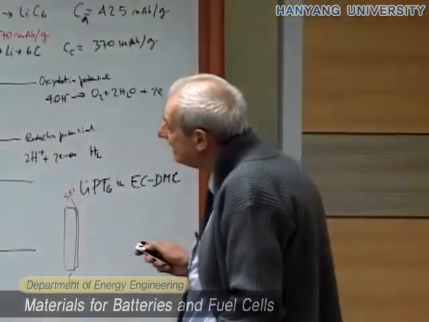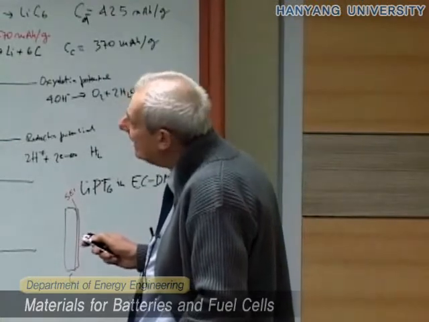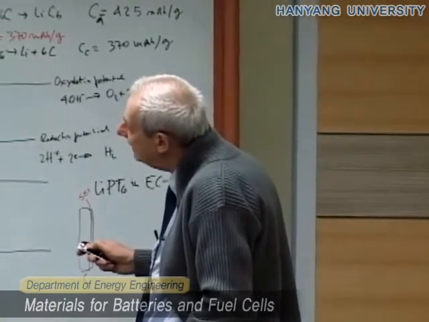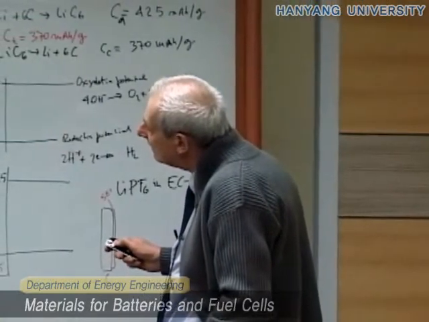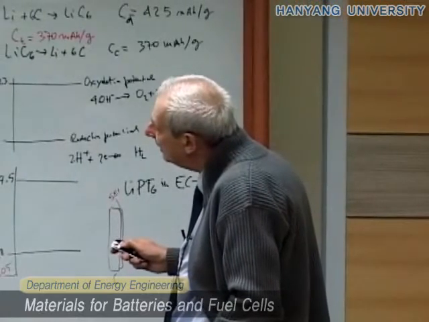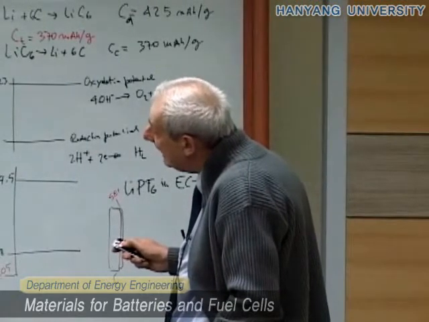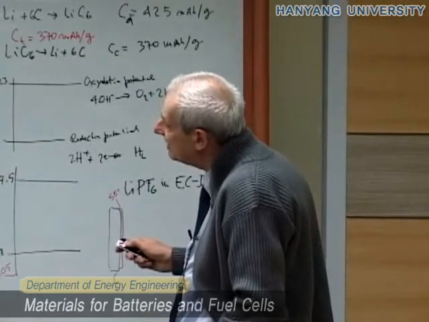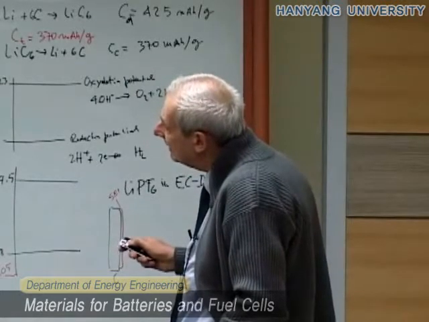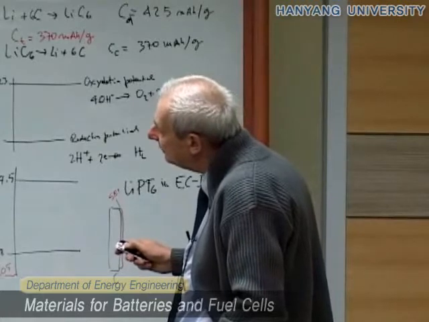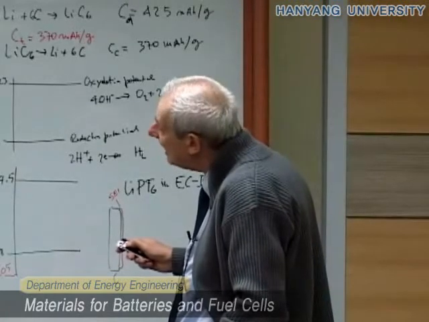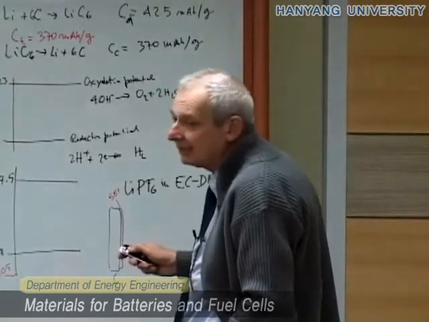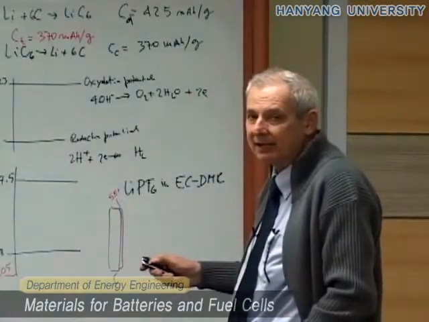So in the case of ethylene carbonate, what will happen? We will have the lithium ion arriving at these layers with the solvation, and possibly it is inserted with solvation. You see, as I showed you before, that the solvated ion is larger than the distance between the layers.